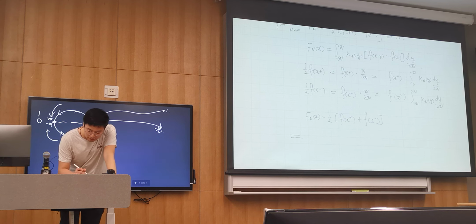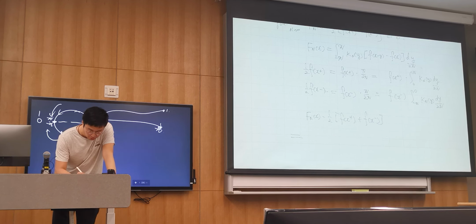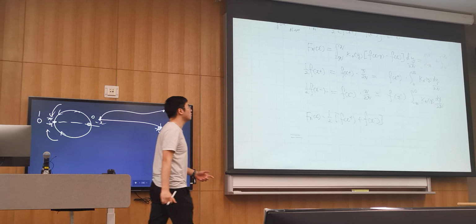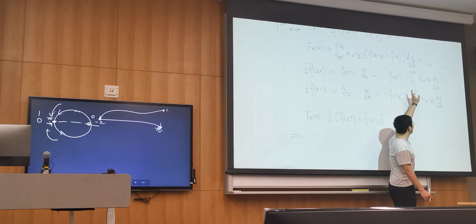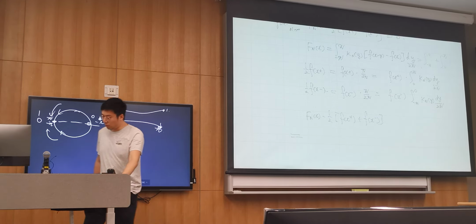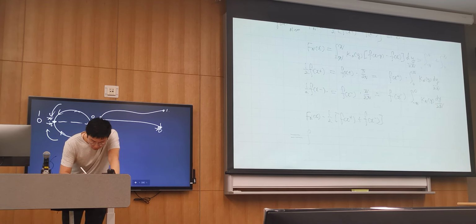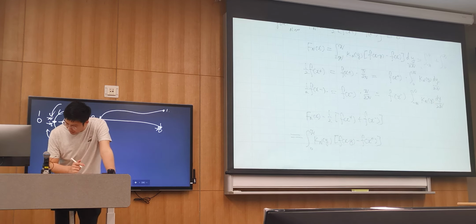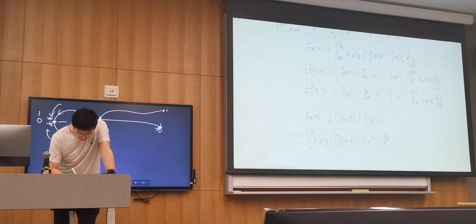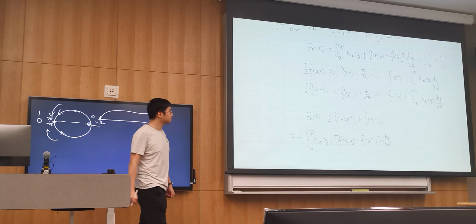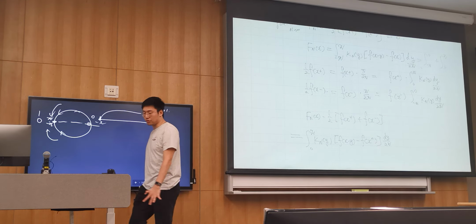More specifically, if I split this integration into two parts, from negative pi to 0 and from 0 to pi, to match the integration from negative pi to 0 and from 0 to pi, then what I'm going to have is exactly that: the integration from 0 to pi of kn(y), and then f(x minus y) minus fx plus, dy over 2 pi. This is good.